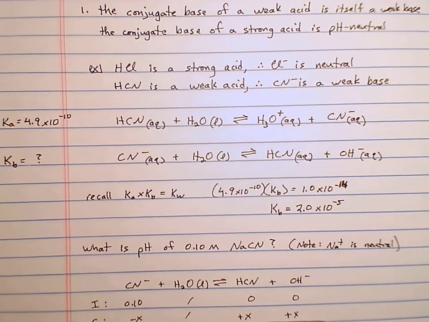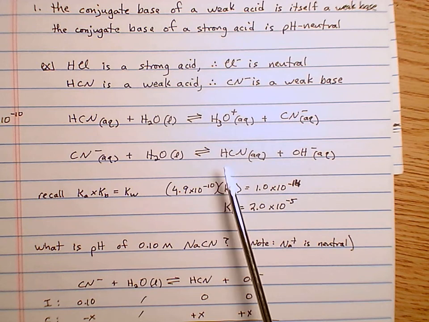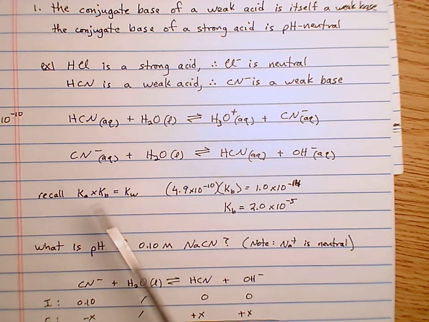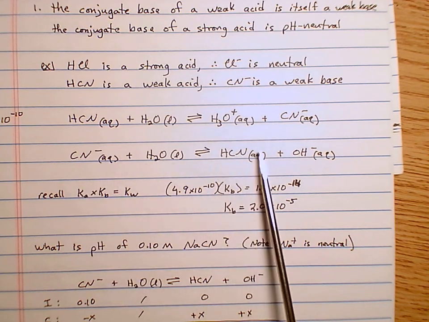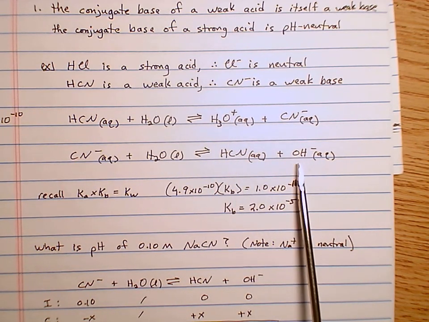And let's clear up something that might be gnawing at your brains here. We said that CN minus is a weak base because it created OH minus in water. And some people might say, but wait, didn't it also make the acid HCN in water also? That is true. So shouldn't we count this acid? Isn't that going to affect the base that it produced?